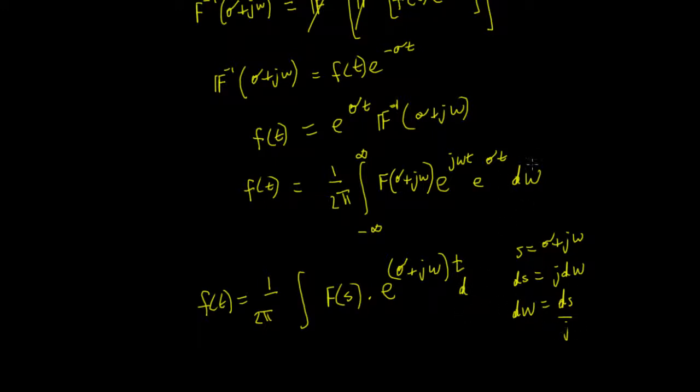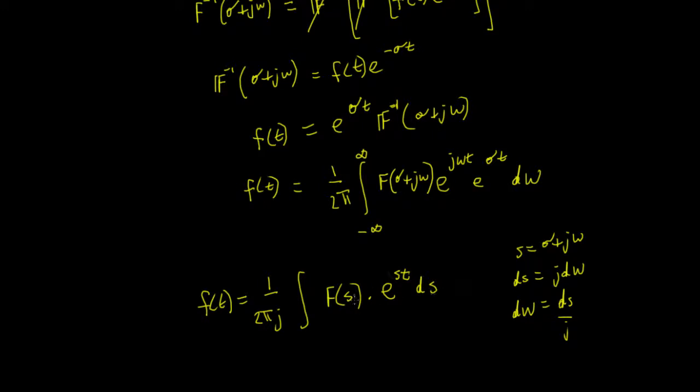Our d omega is replaced by ds upon j, so we can bring the j out here and just put our ds there. We know that sigma plus j omega is just our value of s, so this can be replaced by s. So that's e to the st by ds.